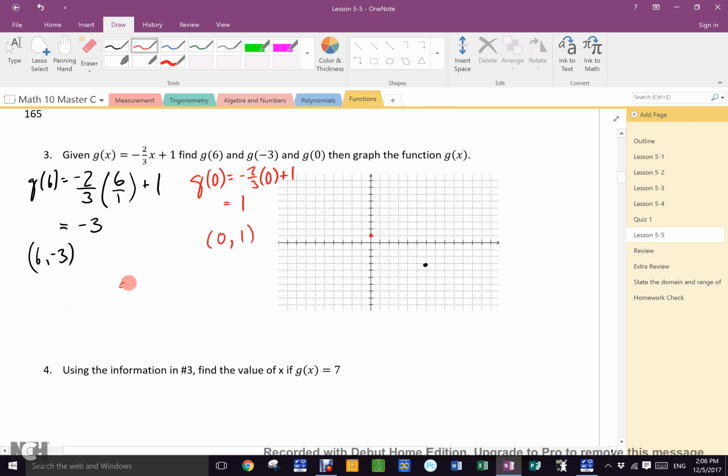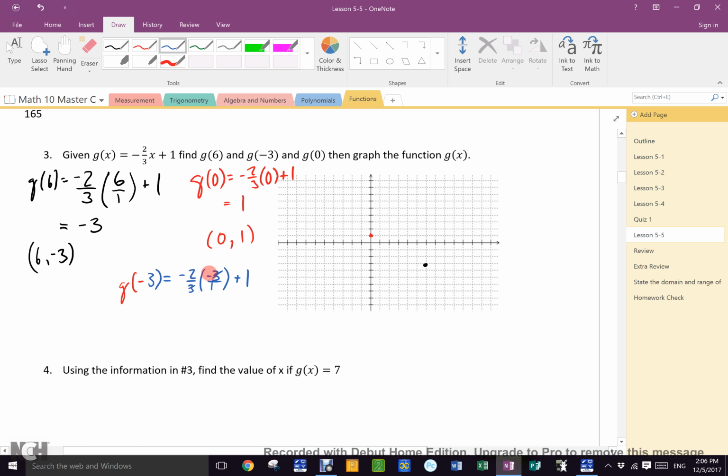The G, oh, I wanted to do that in a different color, please, machine. The G of negative 3 is negative 2/3, negative 3 plus 1. What happens to the 3's? Cancel.